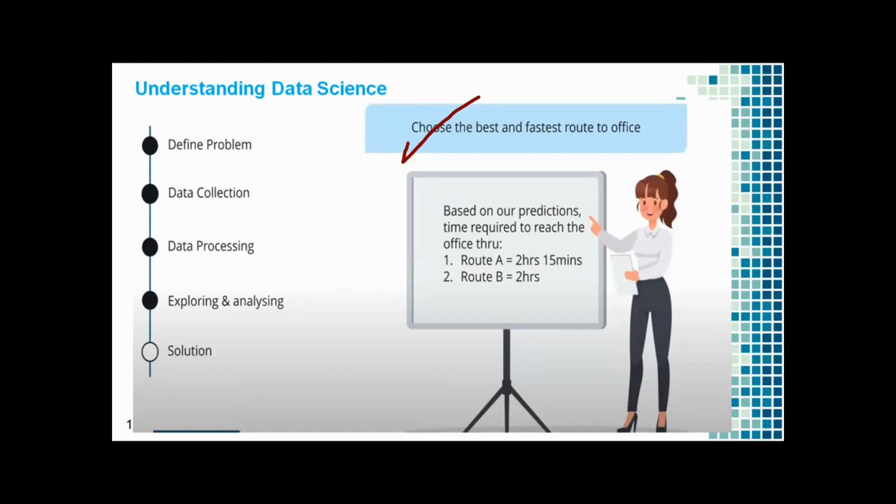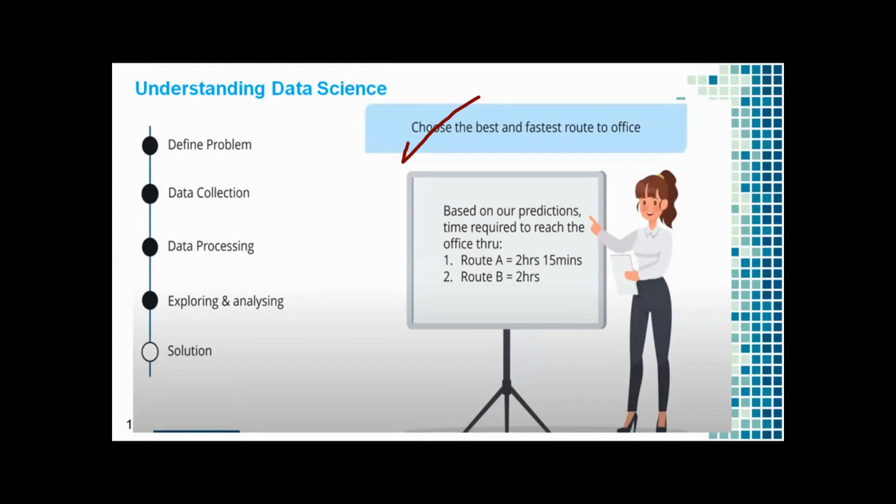All these things are done at the back of the mind of that person, because the data are there with him. He knows that if he goes through route A, this much lag time will be there. He will have to wait. So route B, 2 hours.